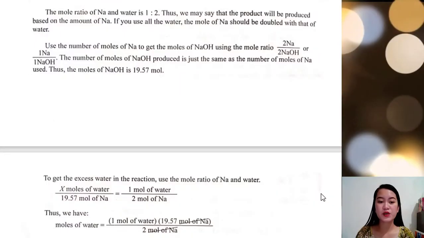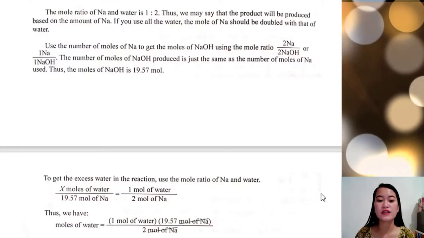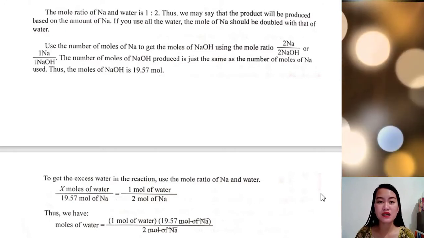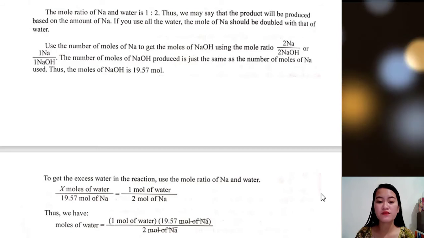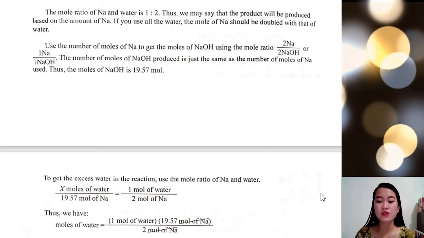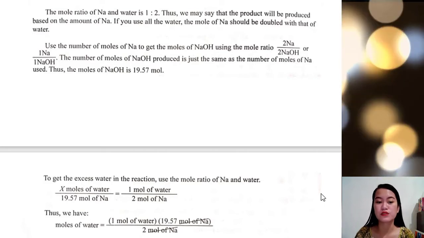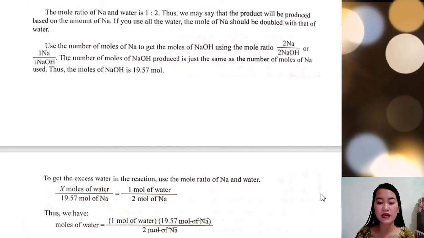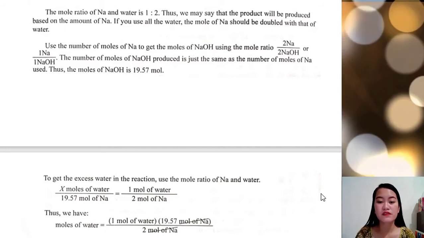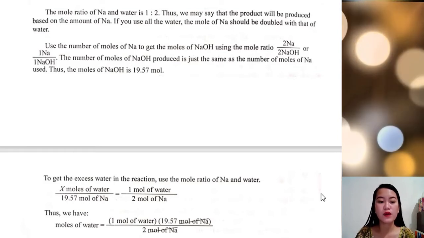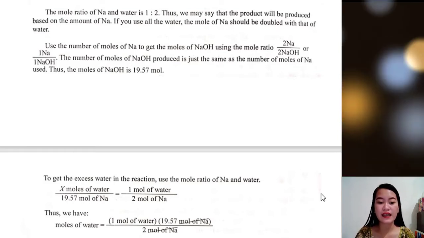Okay, so the mole ratio of Na and water is 1 to 2. Thus we may say that the product will be produced based on the amount of Na, and if you use all the water, the mole of Na should be doubled with that of water. Use the number of moles of Na to get the moles of NaOH using the mole ratio 2 Na over 2 NaOH, or 1 Na over 1 NaOH.